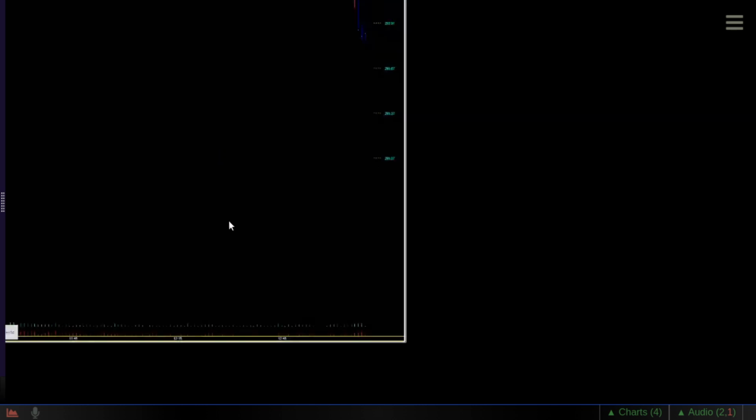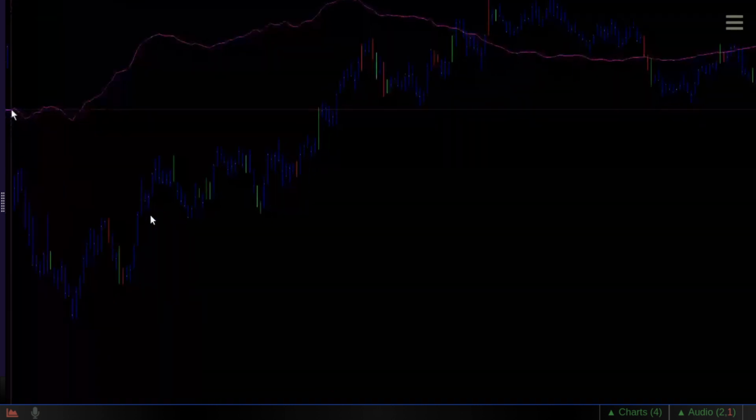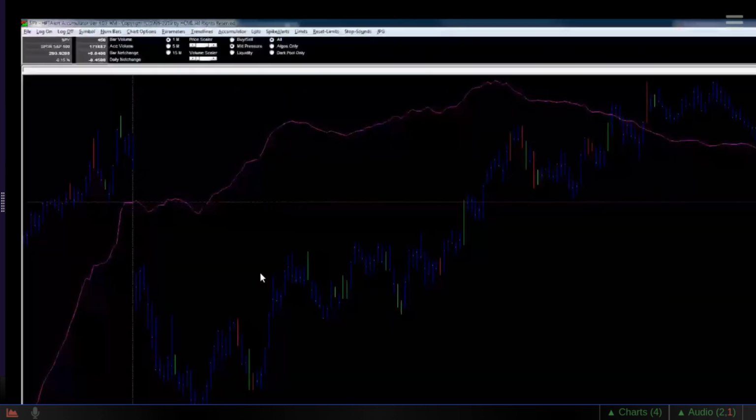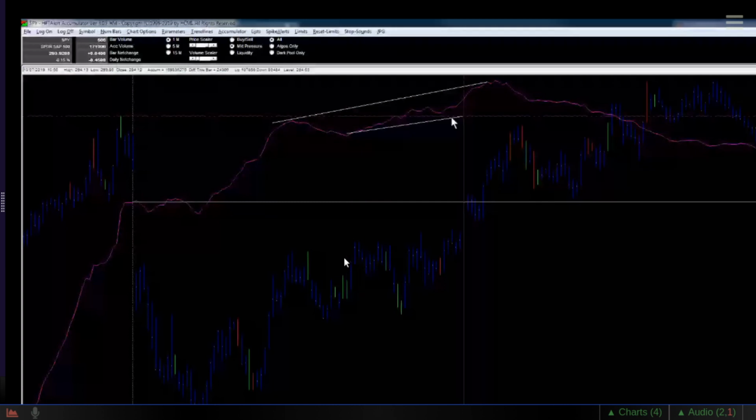So what the market pressure does here is show us that from the open, and if we draw a horizontal line, which is the open, we do not do these kinds of lines. You'll never see a diagonal line on one of my charts. We just don't do that.